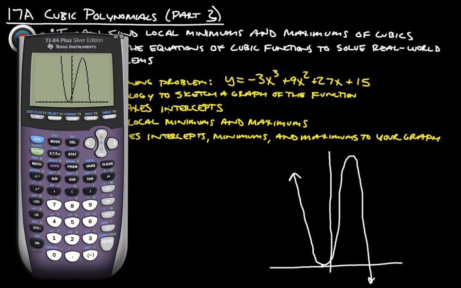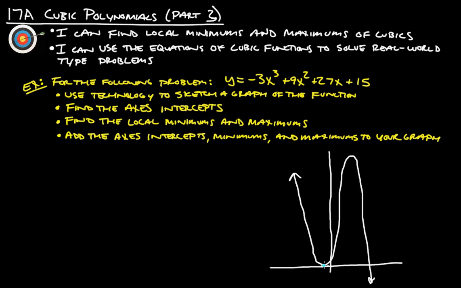All right, so we want to find the axes intercepts. This one right here, as we can see, is going to be -1. So we've got one axes intercept at -1, and there's another one over here.